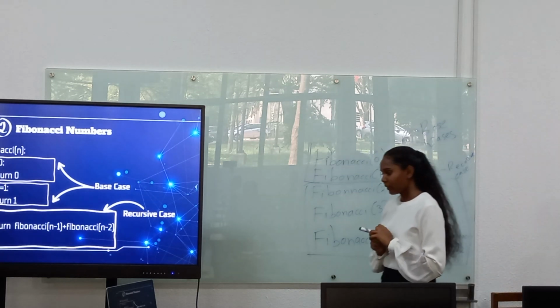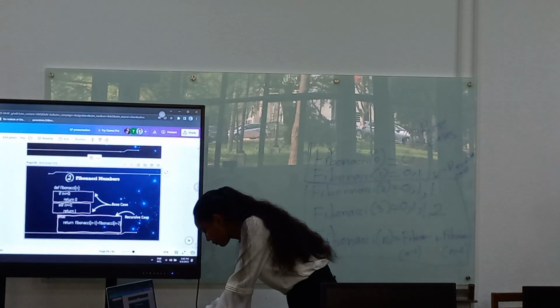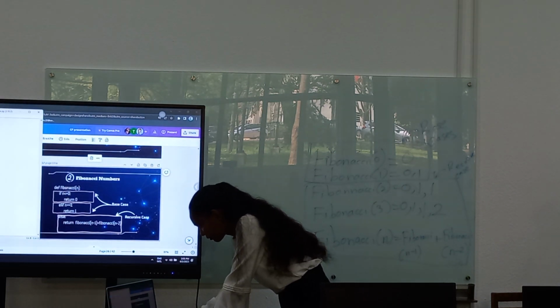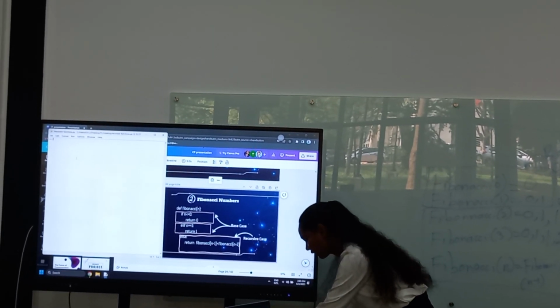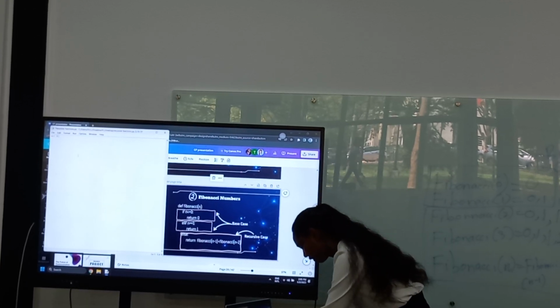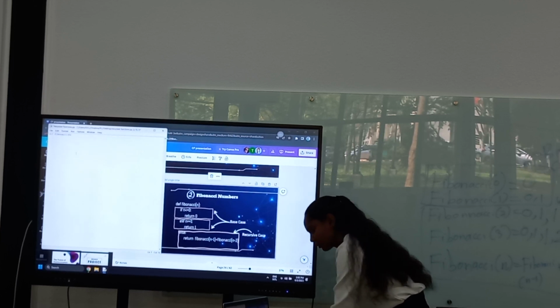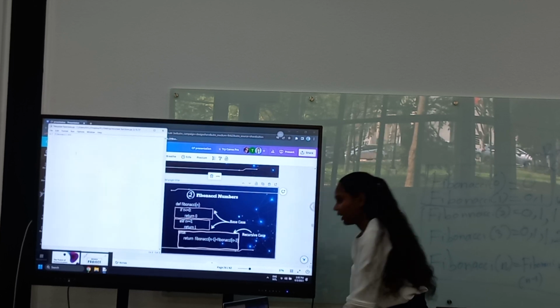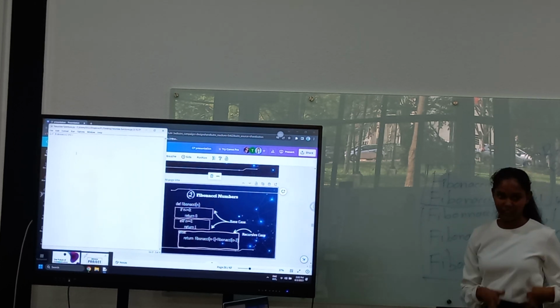So let's see how we can code this using Python. Like earlier, I'm going to define the function first. My function will be Fibonacci, and I'm defining the parameter as n. First and foremost, we have to define the base case.